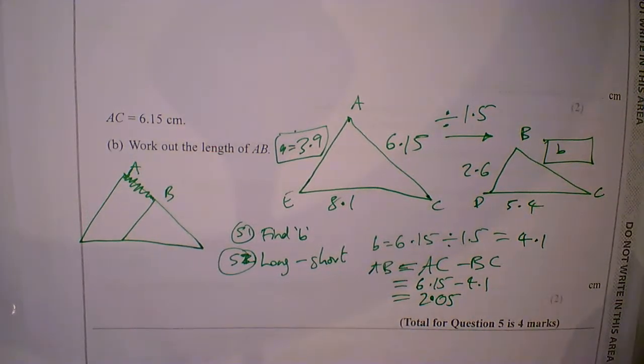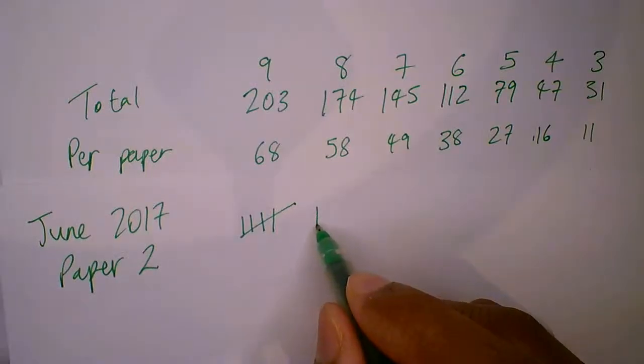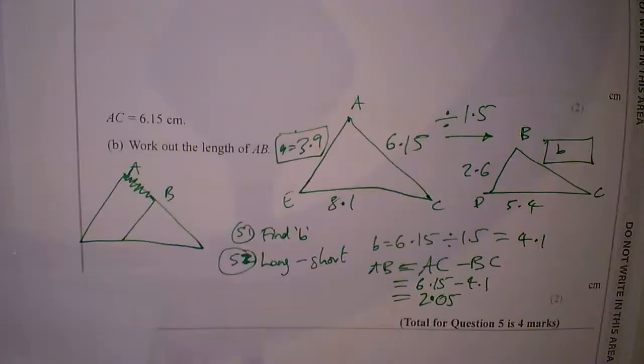Okay, so that's another 4 marks banked. 1, 2, 3, 4 marks. I'm on 9 marks, 2 marks away from a grade 3. Okay, let's go to the next question.